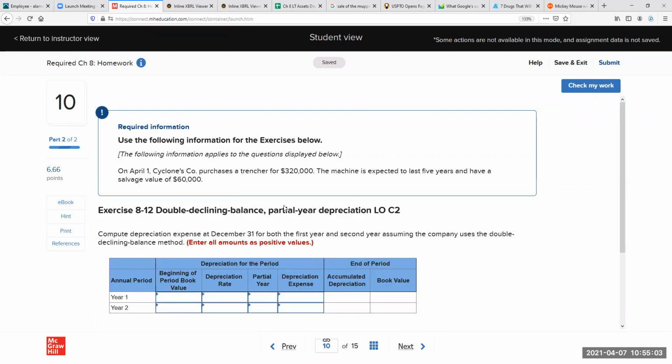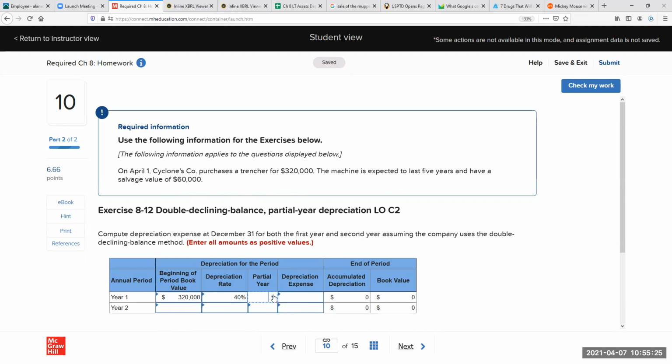Let's see what this one is. Double declining partial year. All right, so beginning of the period book value. What's the beginning? 320,000. Depreciation rate. What's the difference? It's 5 years. So what's 1/5 times 2? What is 2/5? That's 40%. Is it a partial year?